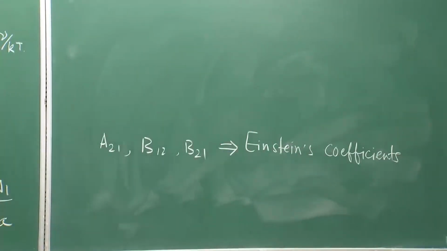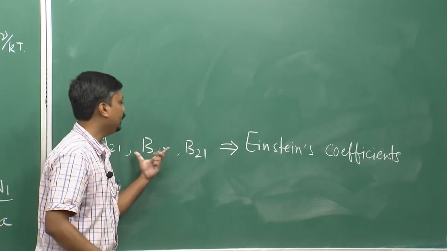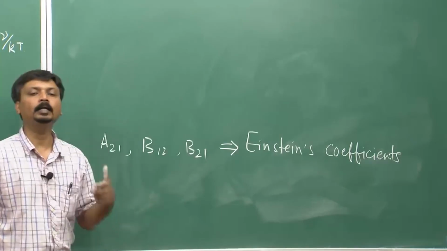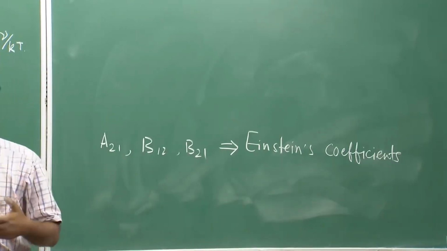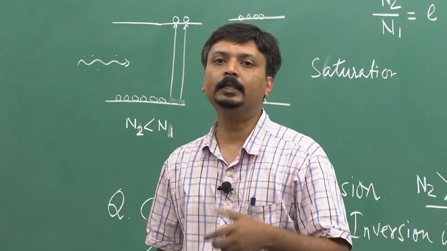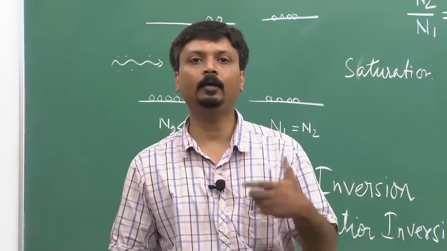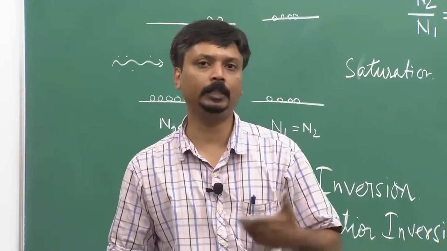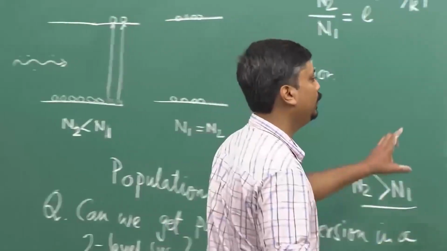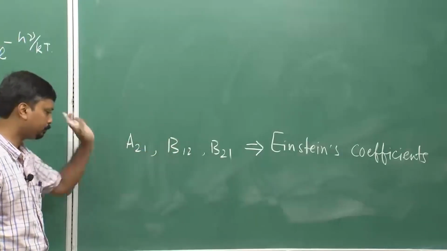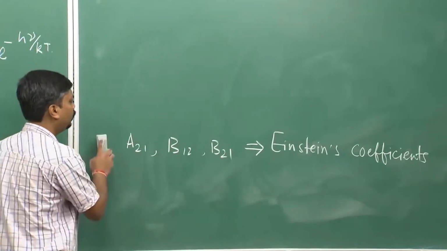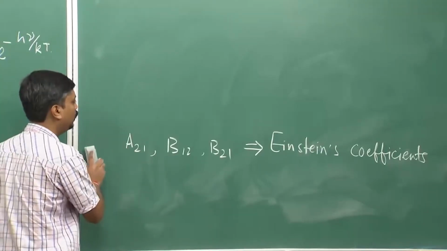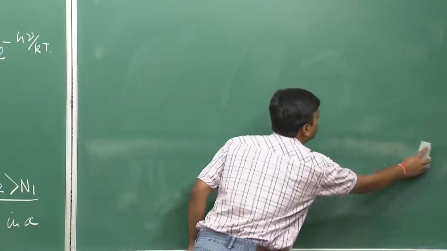I do not remember if I have mentioned this, but these A and B are known as Einstein coefficients. You will many times come across in the books Einstein's A coefficient, Einstein's B coefficient and so on. So, you should definitely know this one. If I have not mentioned it, now you know.